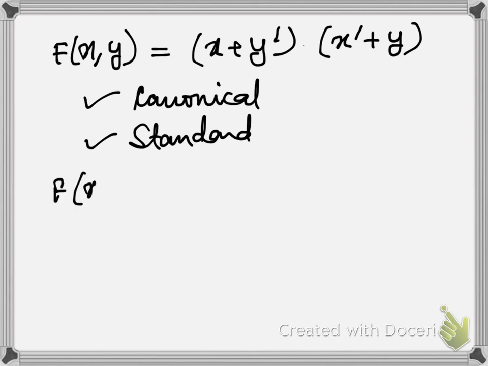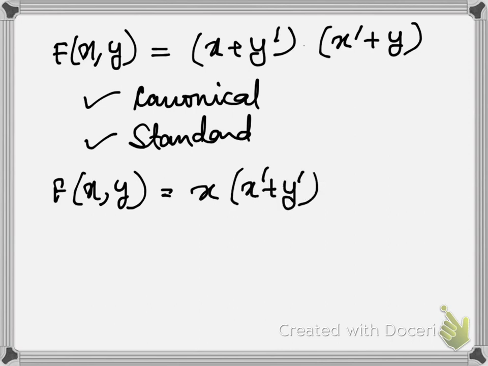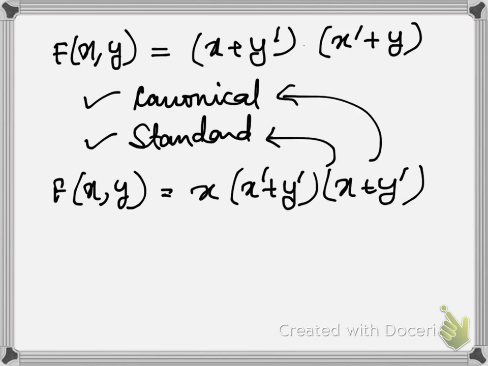Similarly, I can have x into x plus y dash, x dash plus y dash, x plus y dash. This is in the standard form, but is it in the canonical form? No, because this term contains only a single literal, so it is not in the canonical form. So this representation is your standard form representation.